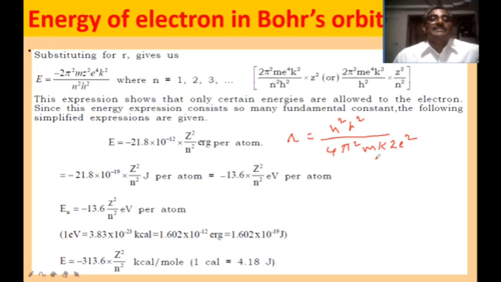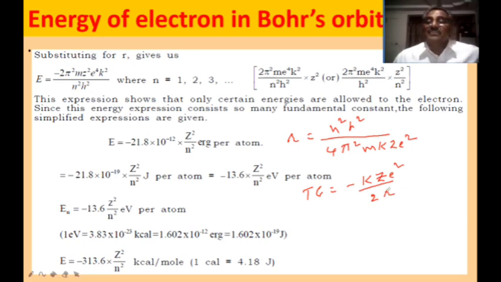If this value is substituted instead of r in this equation, that is which equation? Total energy is equal to minus kZe square by 2r.